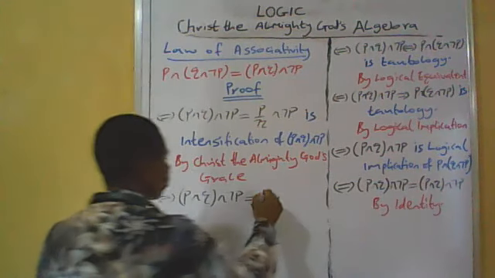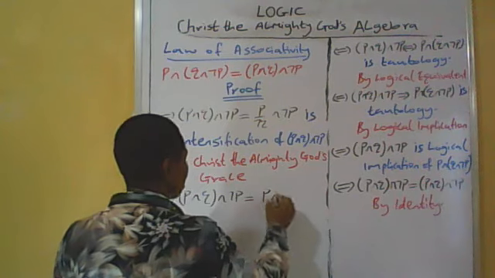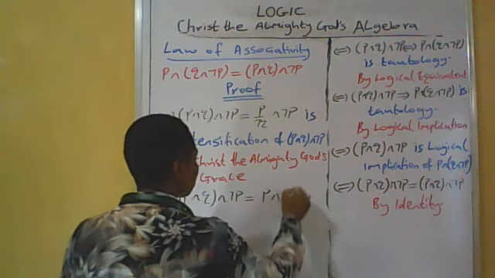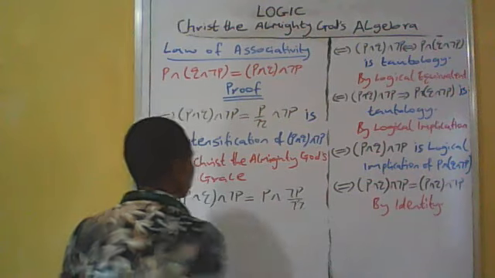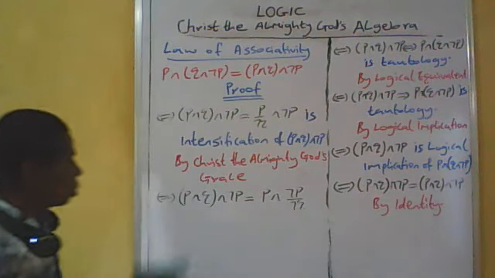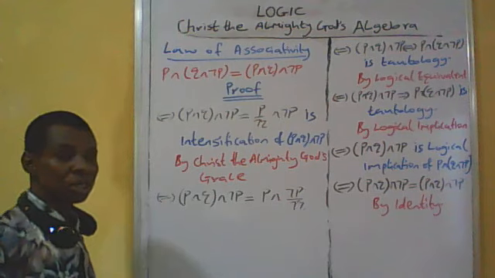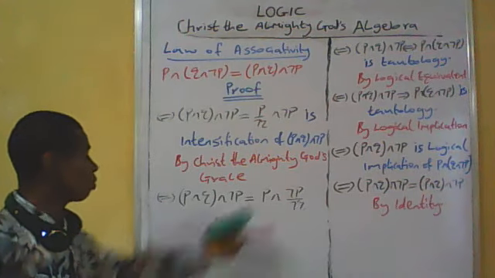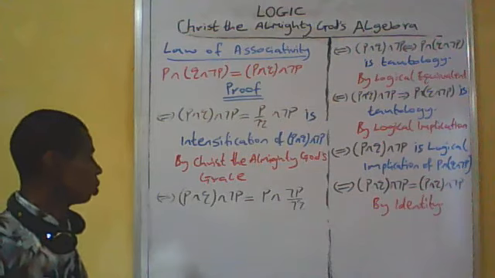That means we're going to have P and not P upon not Q. I've now distributed it to the second conjunct. That's why I have P and not P upon not Q.